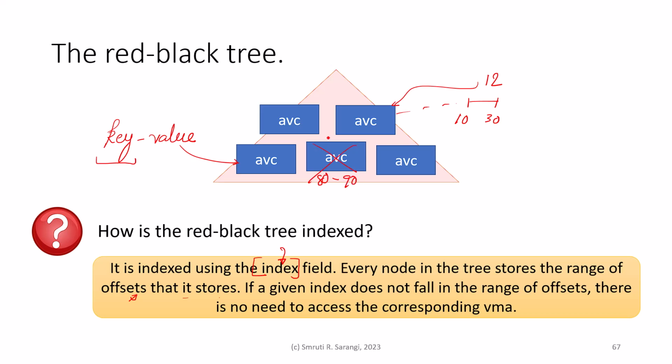We can skip this, we can skip this. So only that part of the tree that has the relevant offsets, in the sense the index needs to fall within the range, only those AVCs are searched. This reduces search time and effort and also minimizes wasted work, which is why a red-black tree is used.